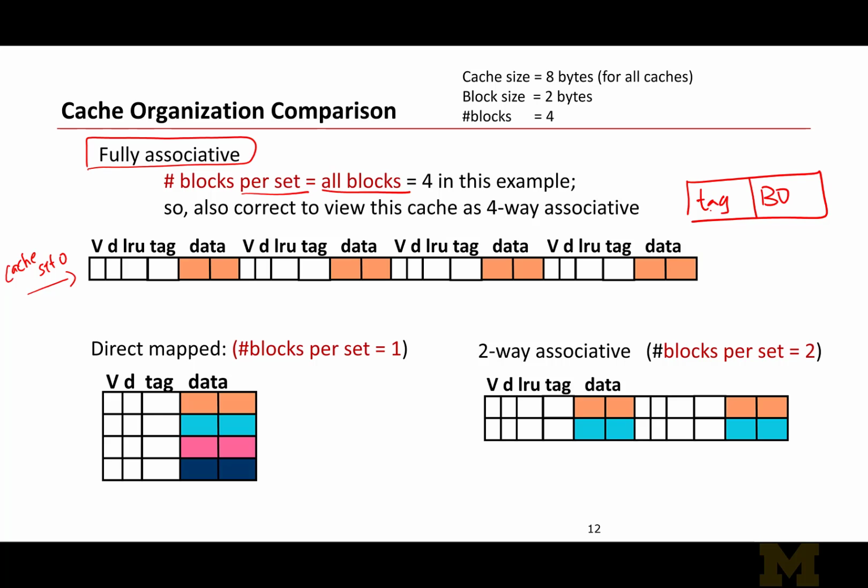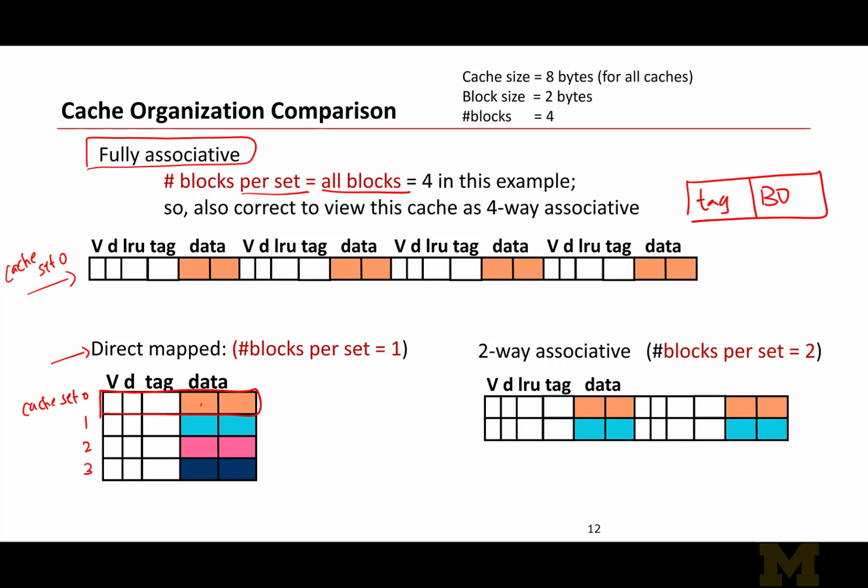Now for the same cache size, we talked about how to construct a direct mapped cache. In this case, we went to the other extreme and said every cache block is part of its own set. So in this case, we have 4 cache sets effectively, cache sets 0, 1, 2, and 3. And each cache set had exactly one cache block, or rather one cache line, right?